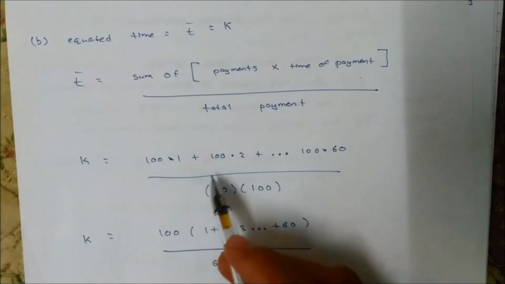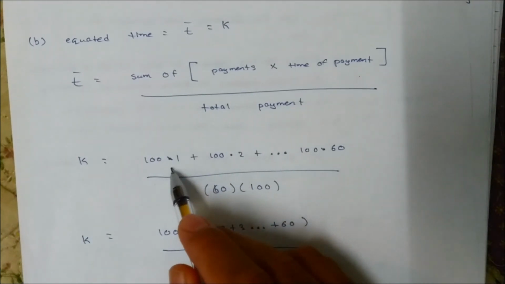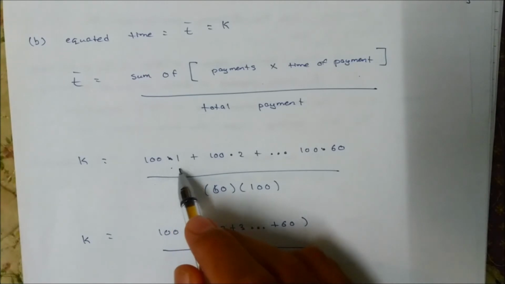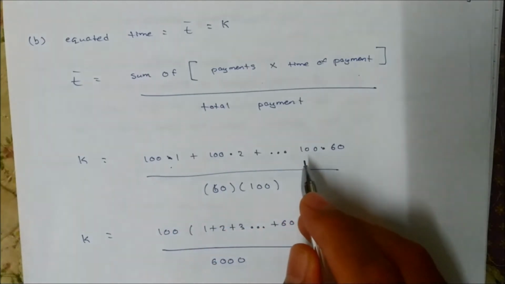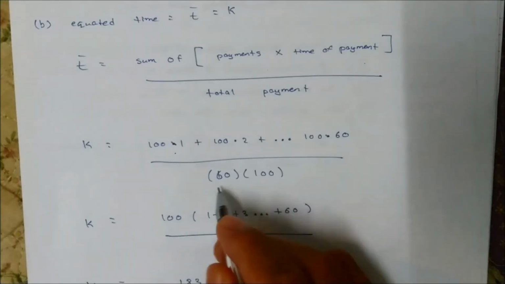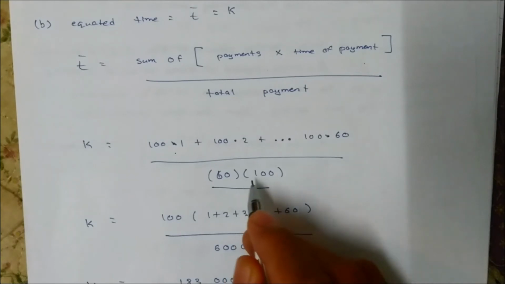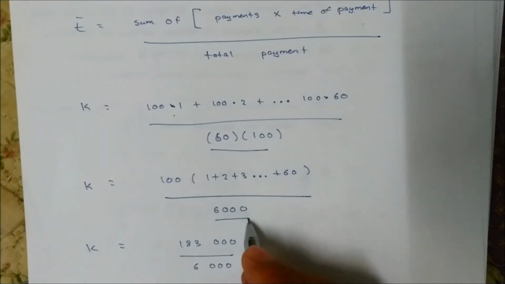Since there are 60 payments here, our numerator becomes 100 times 1 plus 100 times 2 until 100 times 60, over the total payment, which is the 60 payments times 100. Therefore the denominator is going to be 6,000.